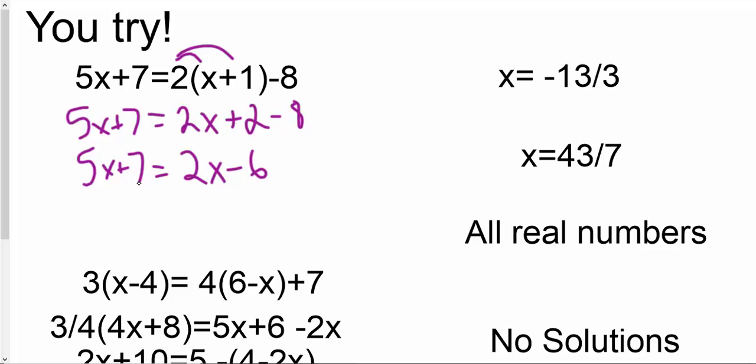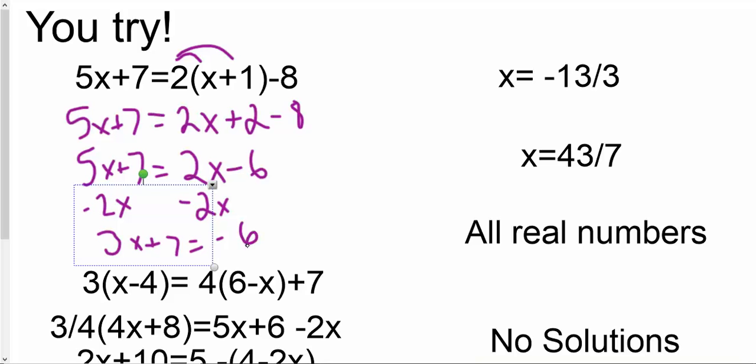Then I'm going to subtract 2x from both sides, and that gives me 3x plus 7 equals negative 6. I need to subtract 2x from both sides because essentially there's more x's on the left. We also could subtract 5x from both sides, but that gives us a negative 3, and we're dealing with more negatives there. Now I have 3x plus 7 equals negative 6.